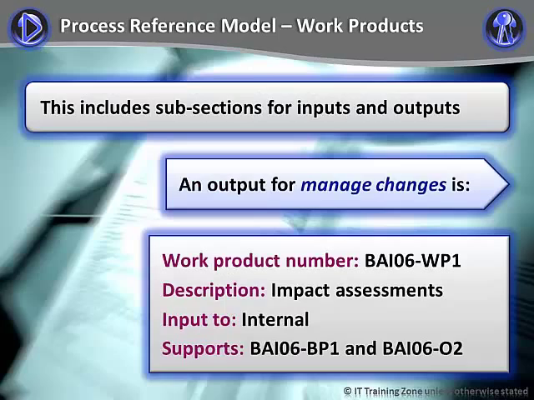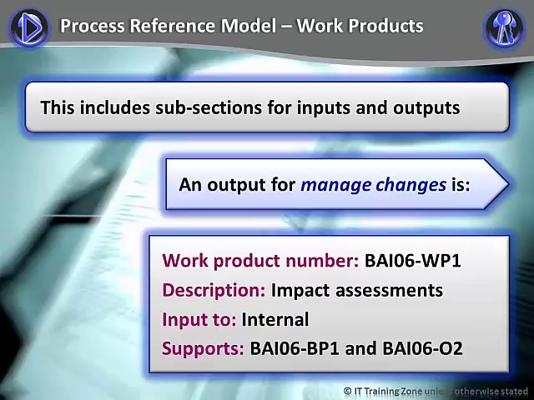The third section of the Process Reference Model is Work Products. This includes subsections for inputs and outputs. Let's take these separately, starting with outputs. The Process Reference Model assigns an identifier to each output and documents where the output goes and what it supports. Let's illustrate that using an output defined for the Manage Changes process. Work Product Number BAI 06 WP1.